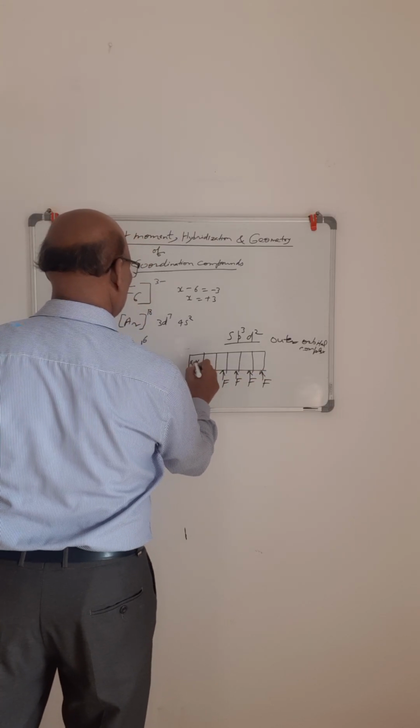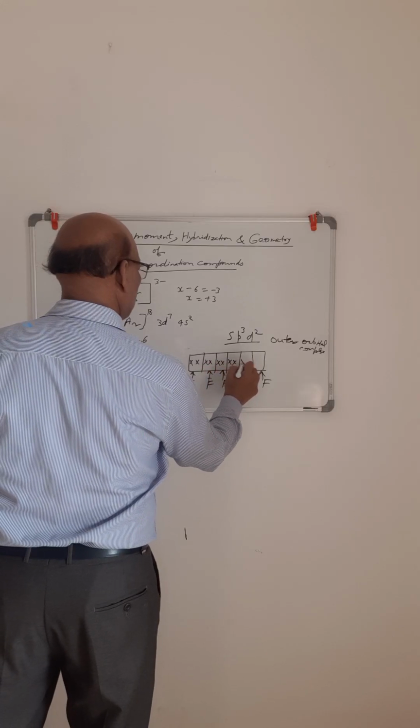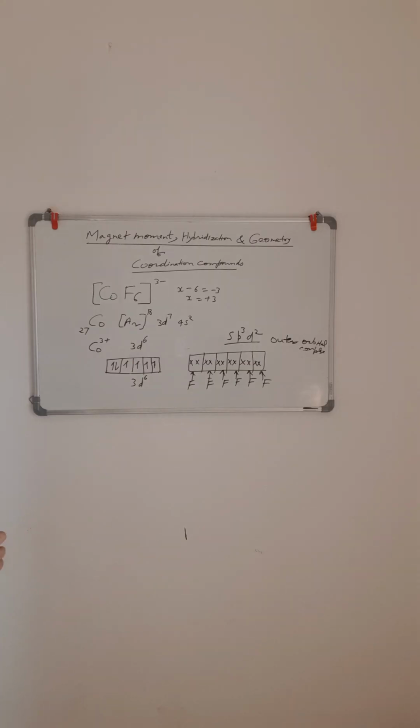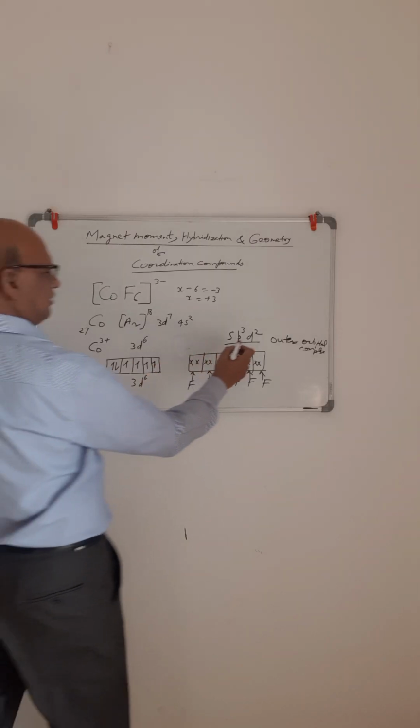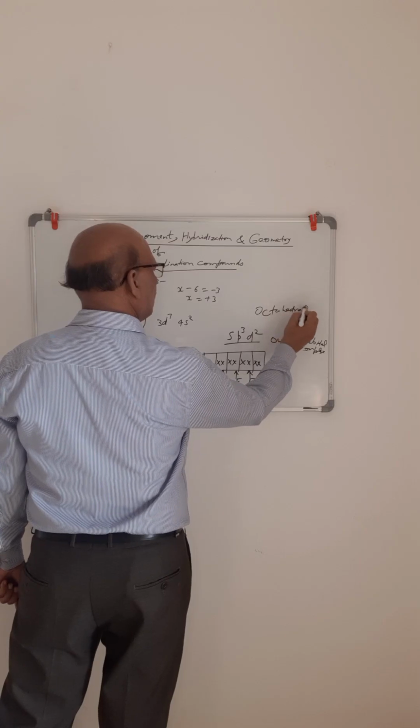Okay, and 2 electrons, that is 1 pair of electrons, will be donated by each ligand. Okay, so the geometry will be octahedral.